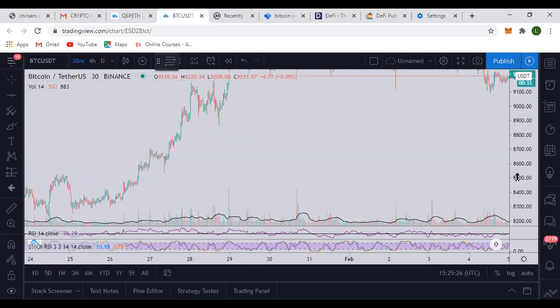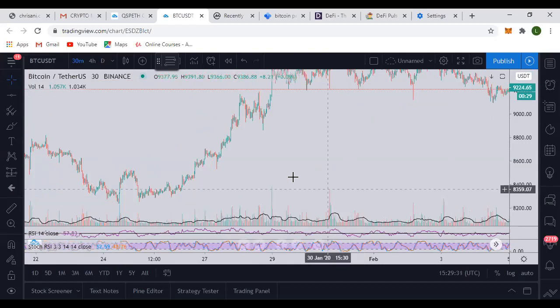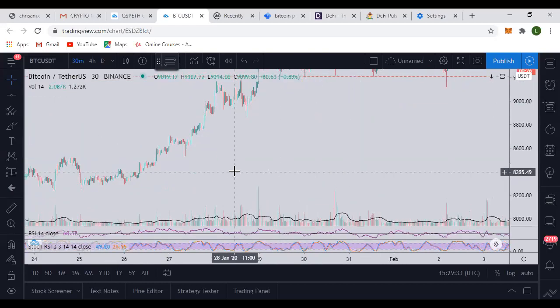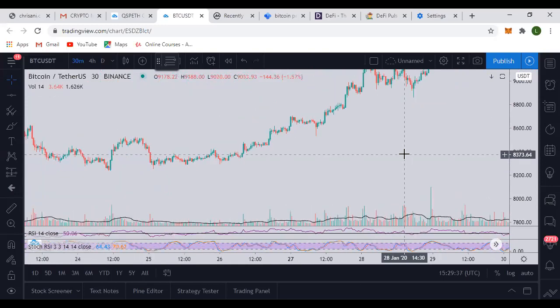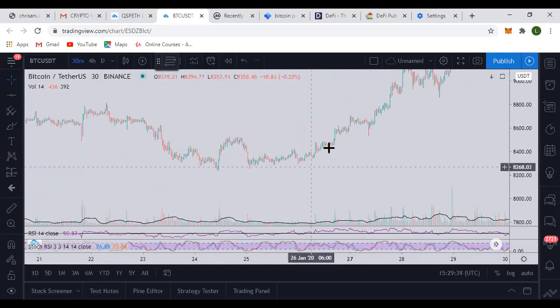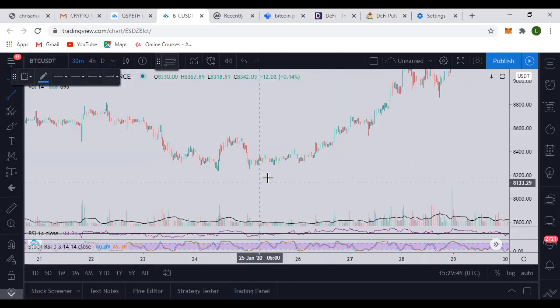Okay, I was showing us an instance where the market was trending up, where it was having a trend line support, something like this too. If I decide to draw a trend line support here, you'll see it.